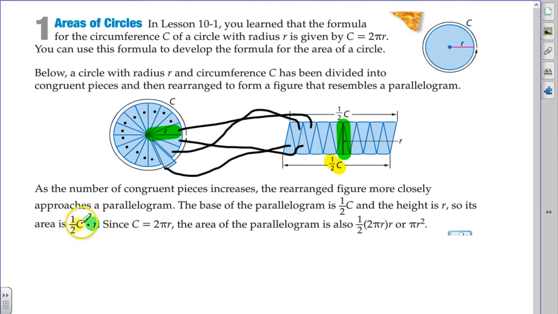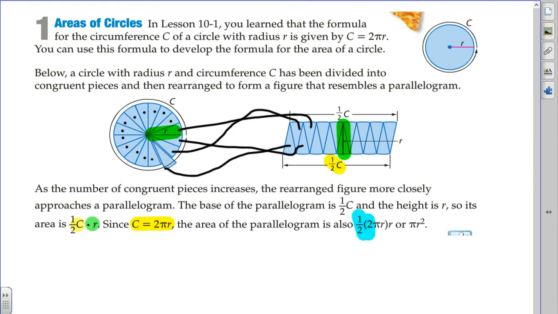So 1/2 circumference times radius, where circumference is 2 pi r. That becomes 1/2 times 2 pi r times r. The 1/2 and the 2 cancel off, so I get pi times r times r, which is pi r squared.